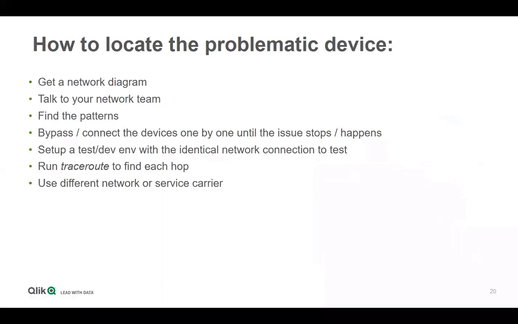If for some reason you couldn't get a network diagram, you can use the traceroute command to find each hop. But I know it may not always work because this command could be blocked, maybe by a firewall or by the system. Also, sometimes the customer may have multiple offices and it happens in one particular one. You can ask them to try to connect from a different network or service carrier.